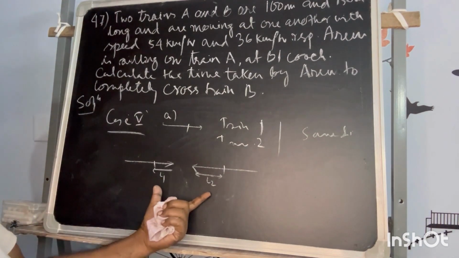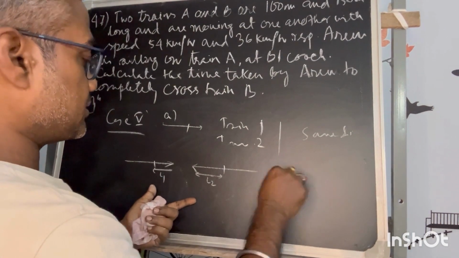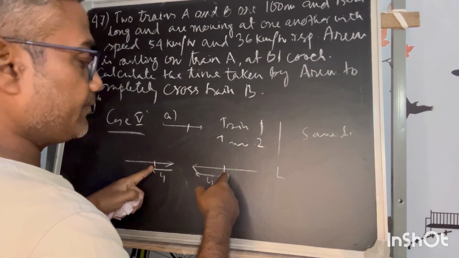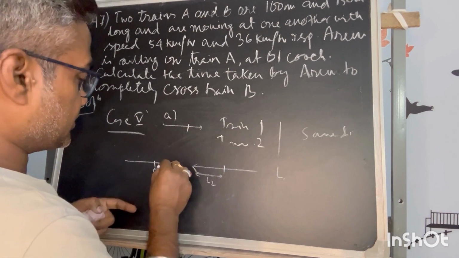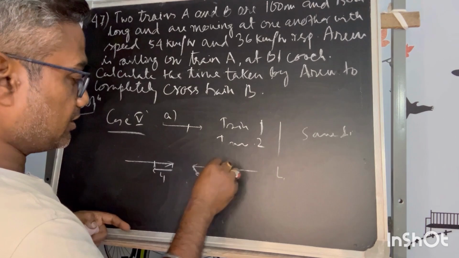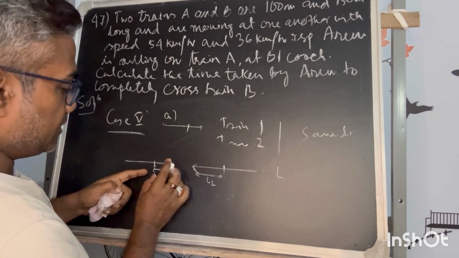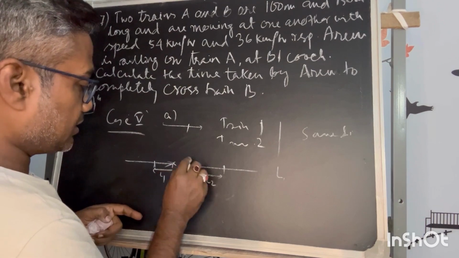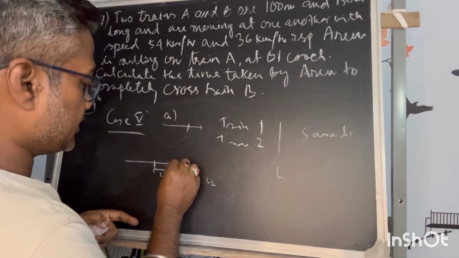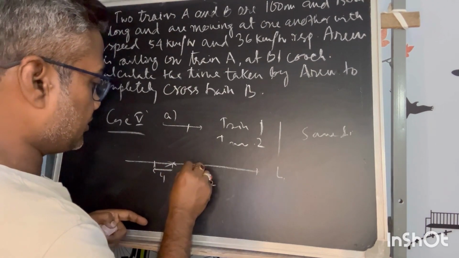So in that case, if the total distance is mentioned, that has to be considered. If they are crossing from opposite directions, this is the only distance they have to cross each other. Let's say they are at a point where they have just merged at the front.